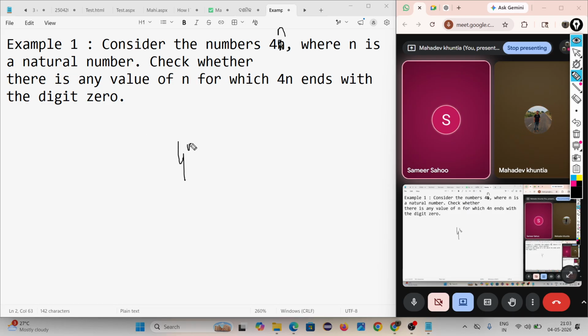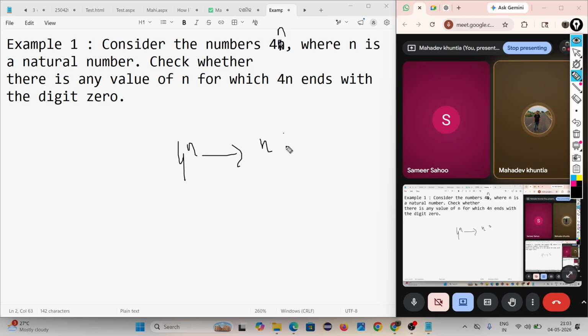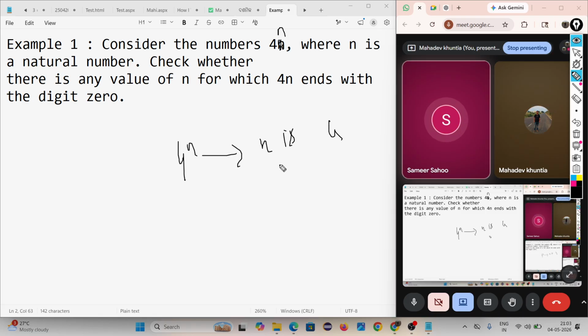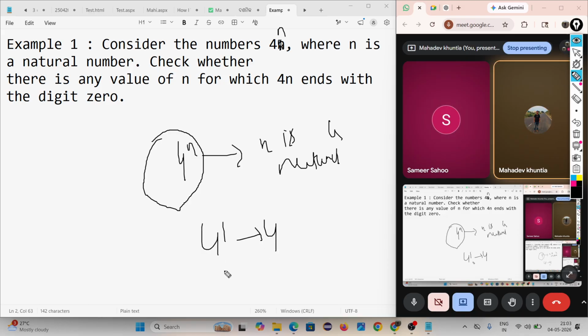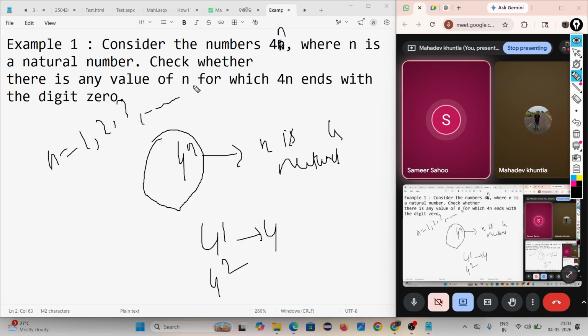Try to understand this question. You have one number that is written as 4 to the power n. 4 to the power n means 4 to the 1, 4 to the 2. n is a natural number, which means n can be 1, 2, 3, 4, 5, 6, 7, 8.